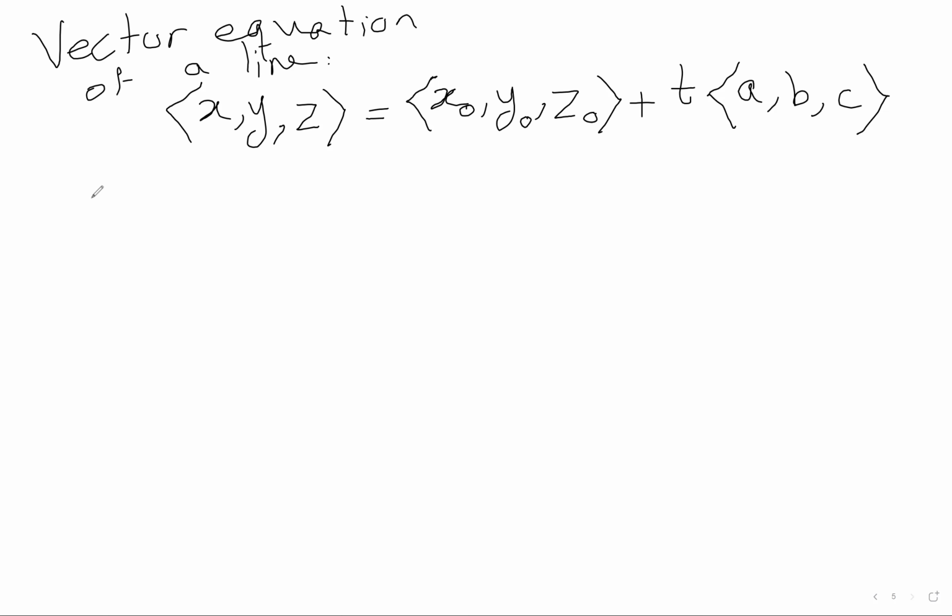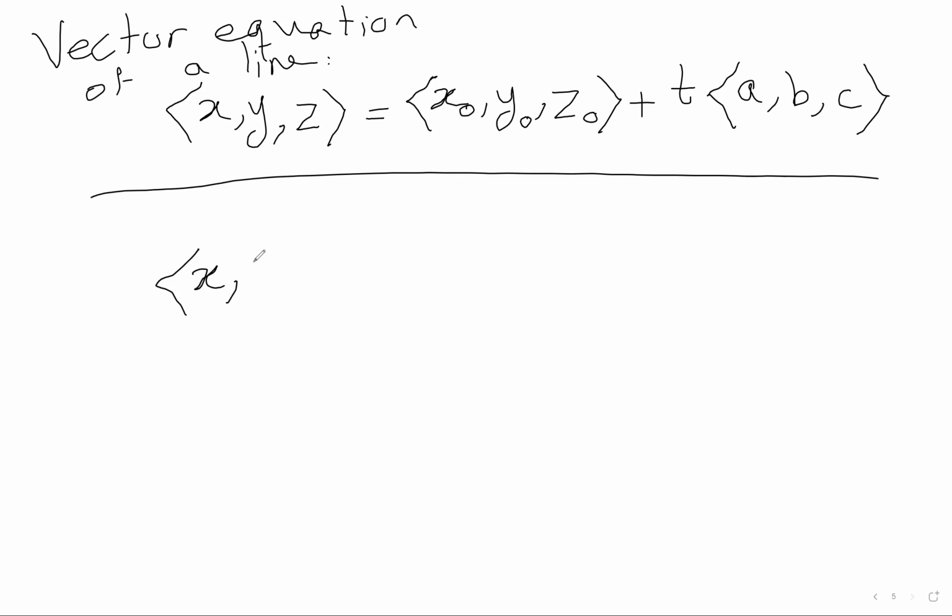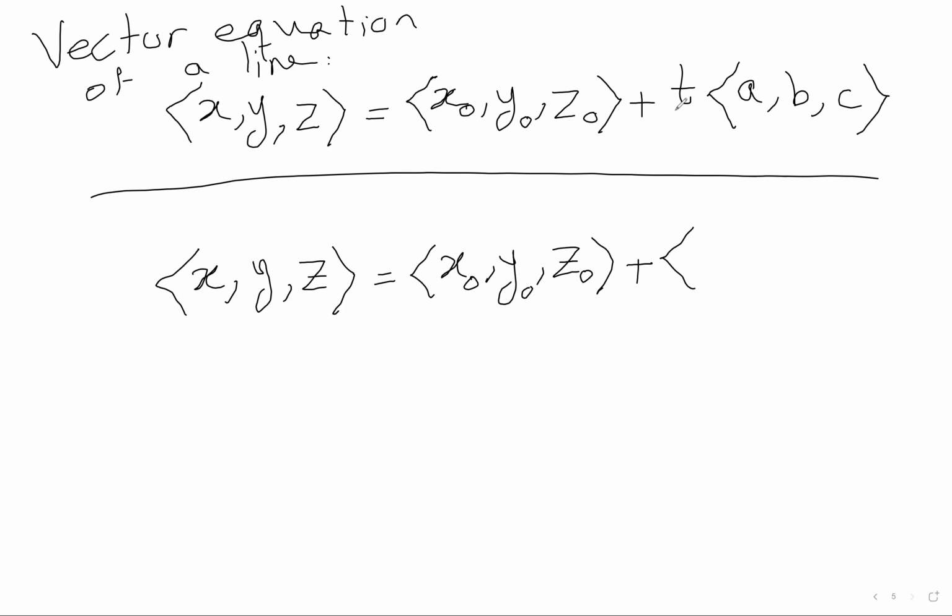Now let's do some algebra with the right side of this equation. So x, y, z equals x0, y0, z0 plus t, a real number, multiplied by those three coefficients. In other words, we are doing the scalar multiplication.